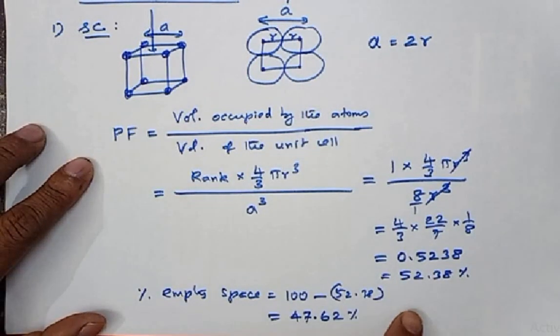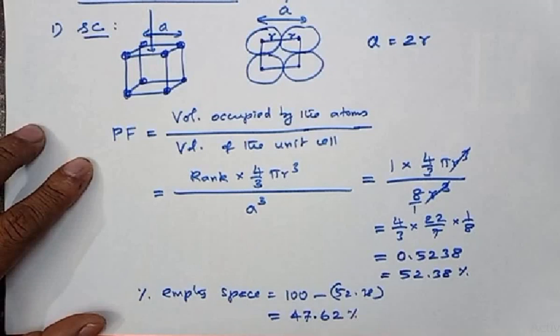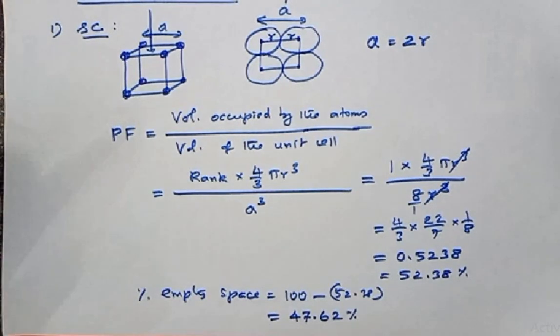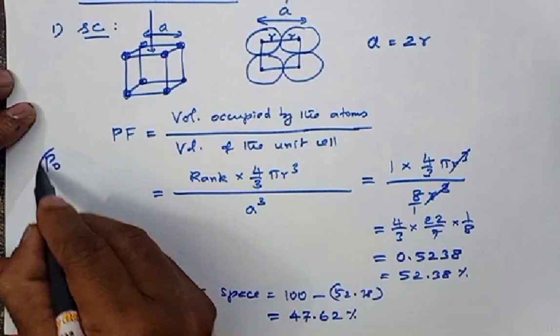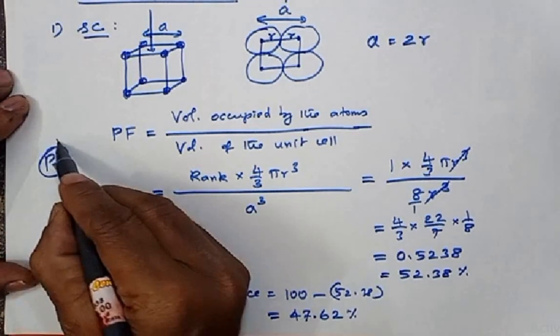Only 52% is occupied in the simple cubic. So in simple cubic there is more empty space available, so the crystal is not stable. You know very well, in the entire periodic table, only one element, polonium, exists in simple cubic form.